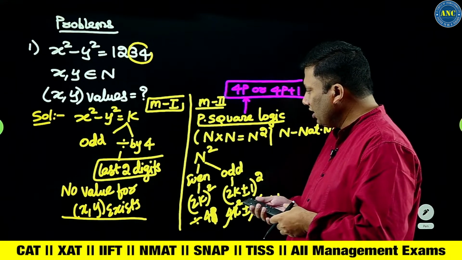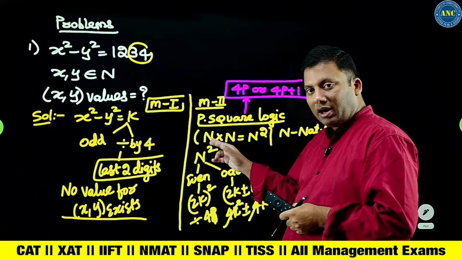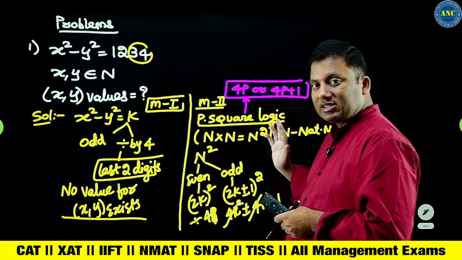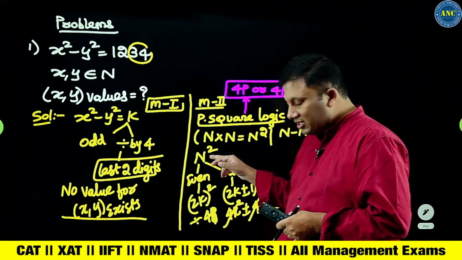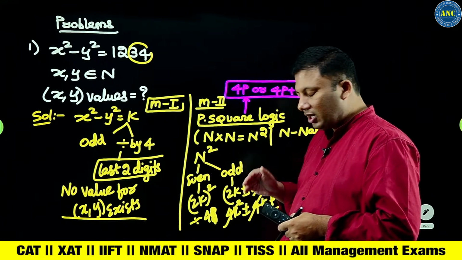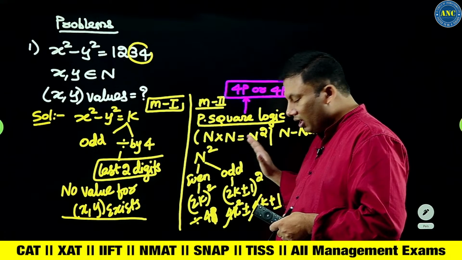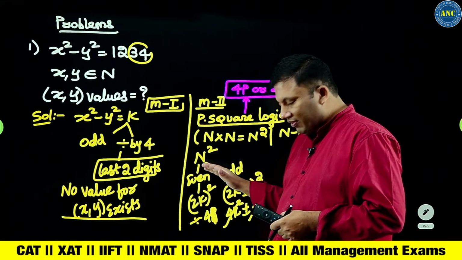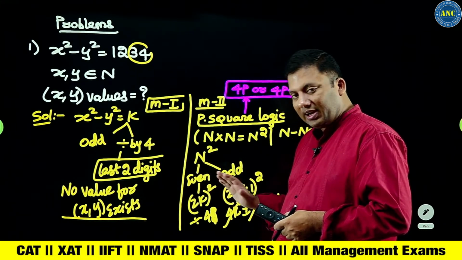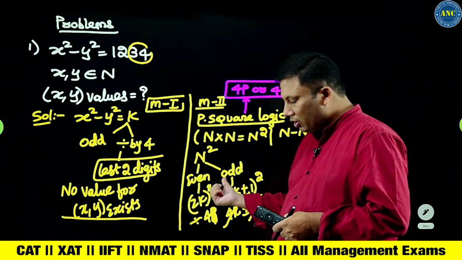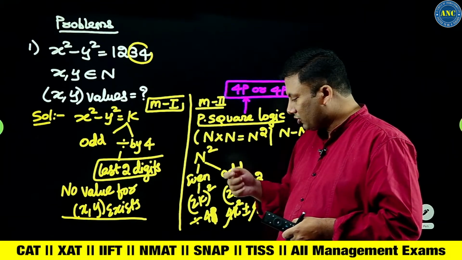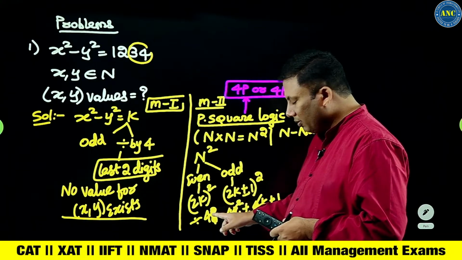Why did we get this? Any natural number multiplied by itself is a perfect square. A natural number can be an even number or an odd number. Any even number is perfectly divisible by 2, so 2k whole square is 4 into something, which means it is divisible by 4.